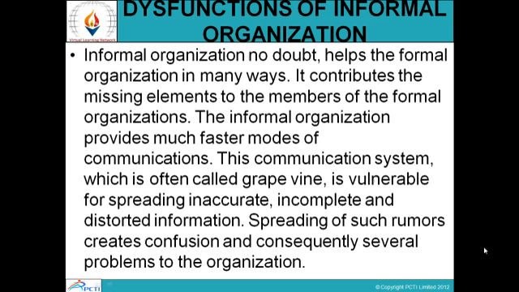Functioning of informal organization. Informal organization no doubt helps the formal organization, and at the same time it contributes to filling the missing elements of the members of the formal organization. It always provides a much faster mode of communication. The informal organization, as we said, has no directions to be followed. A person can talk about anything about any person to anybody.